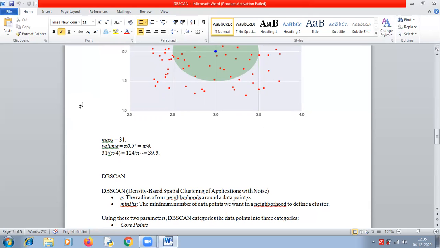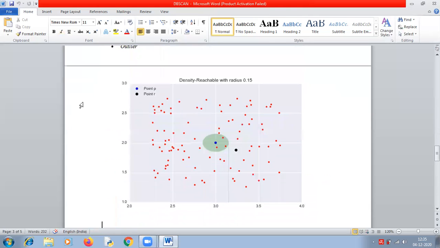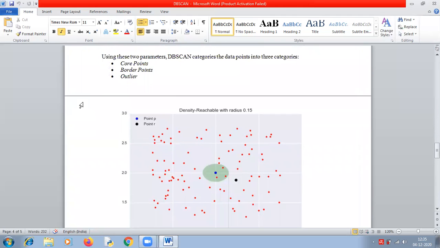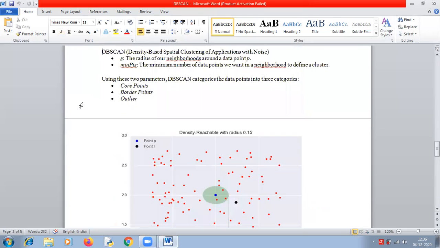So the algorithm has two parameters. The first is epsilon, the radius of our neighborhoods around a data point P, and the second is minimum points, the minimum number of data points we want in a neighborhood to define a cluster.